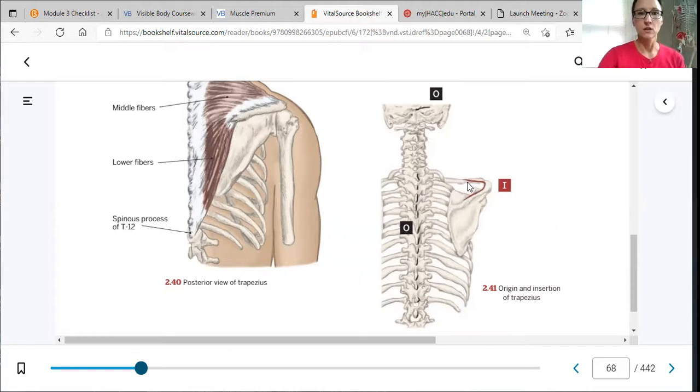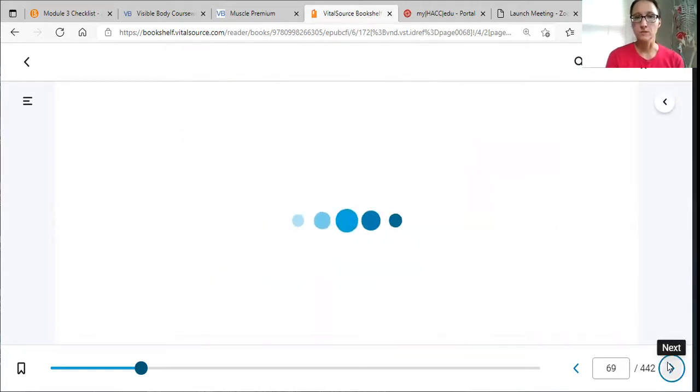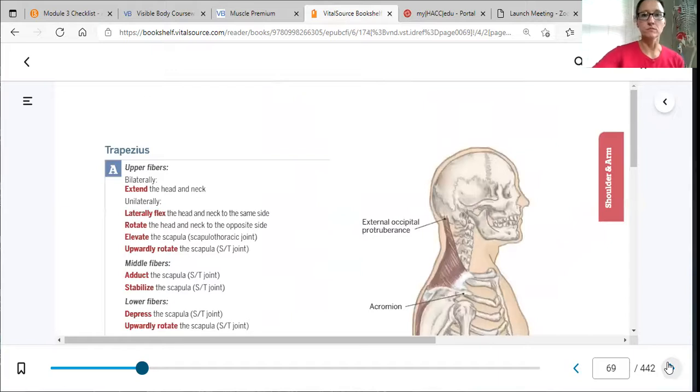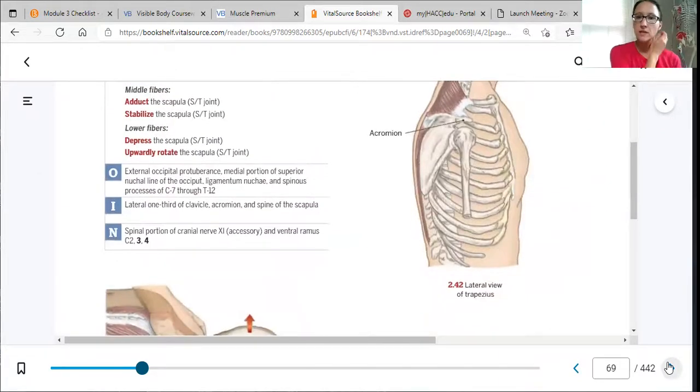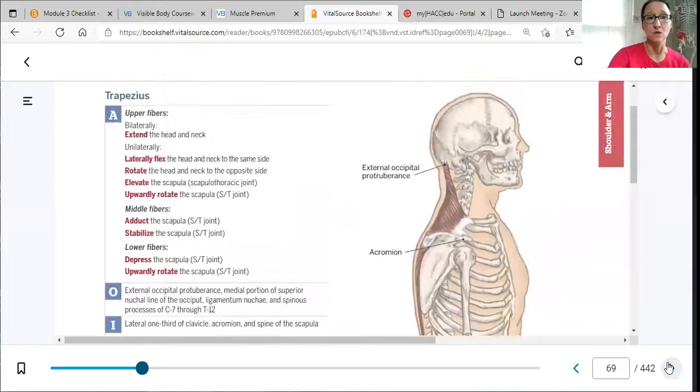So let's take a look at the actual origin and insertion. We're going to have to do the origin and the insertion before we do the actions, and you can see there are quite a few actions. They take up all that.